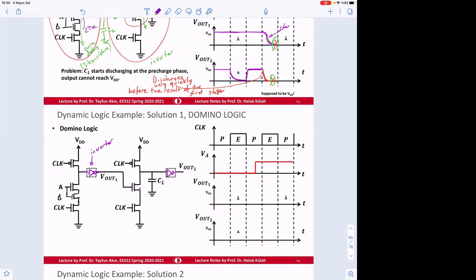Then the default value does not turn on the transistor. Okay, so that's the idea.